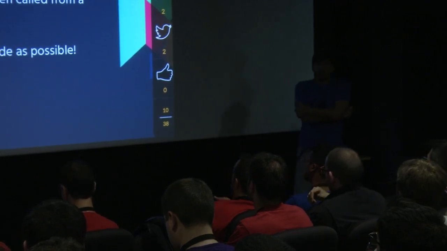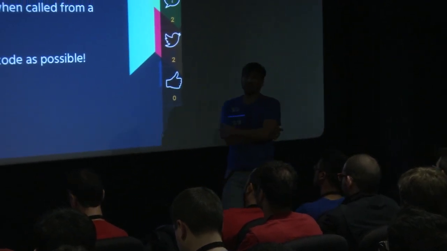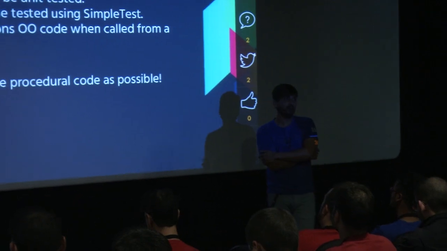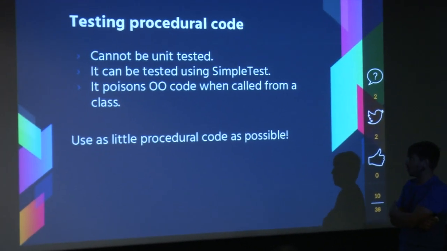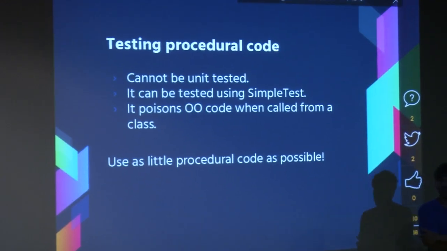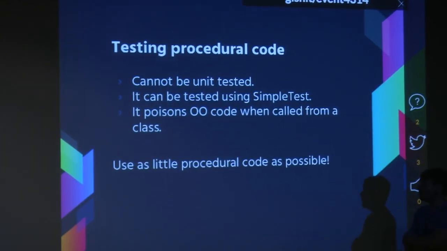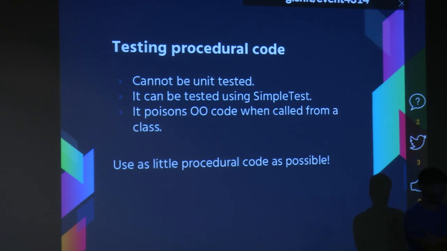So I've been talking about classes all the time, and you may be wondering, what about procedural code? We've been writing Drupal 7 code for a long time now. So what do you do then? You have to know that procedural code cannot be tested with unit tests. Why?